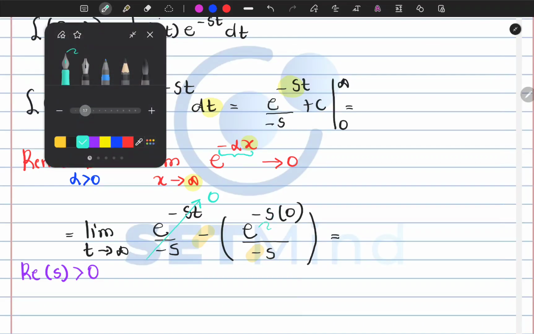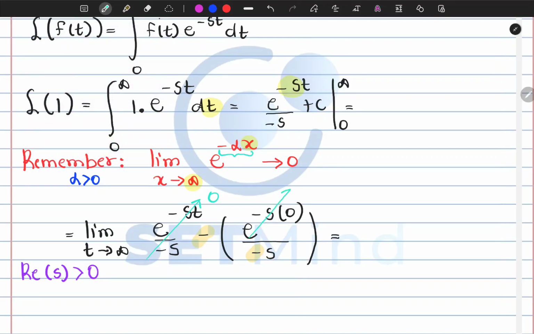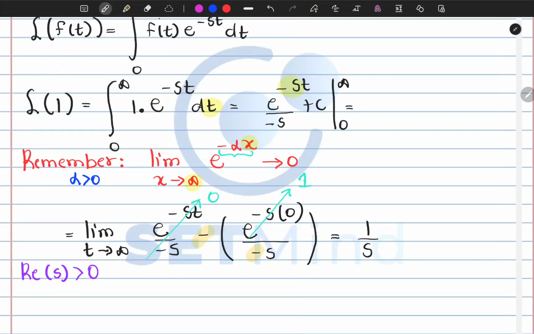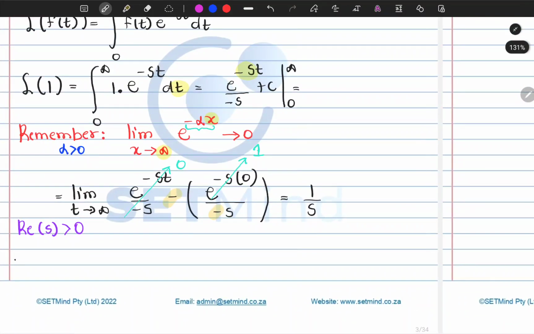And e to the power of 0, by now you should know that it will be 1. So all we have as our answer is simply 1 over s. So in summary, the Laplace transform of 1 is equal to 1 over s. That is what we get.